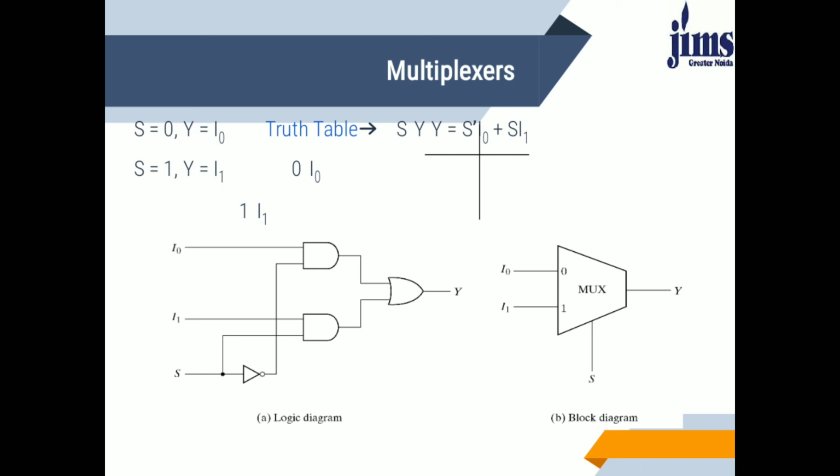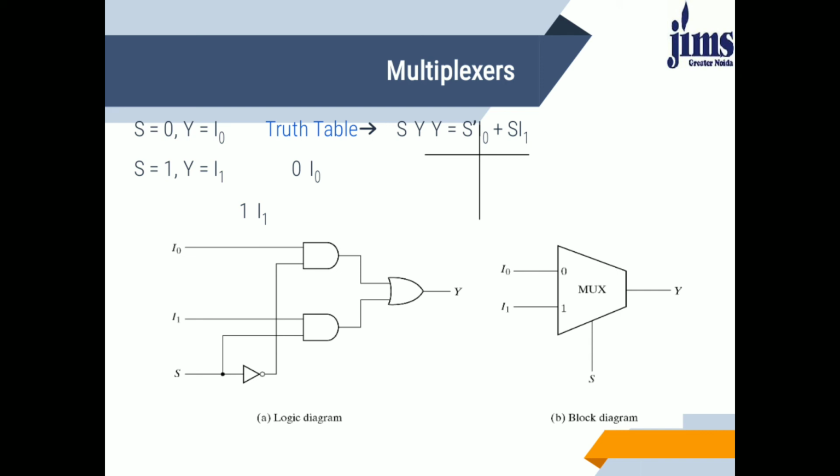Here in the logic diagram, you will see the 2 lines I0, I1, and depending upon the selection line, if selection line is 1, then I1 will be selected, and if selection line is 0, then I0 will be selected.